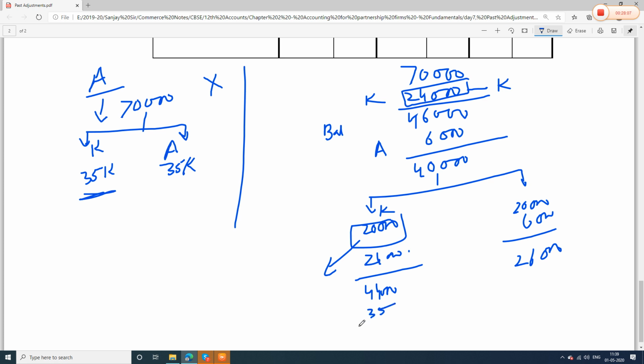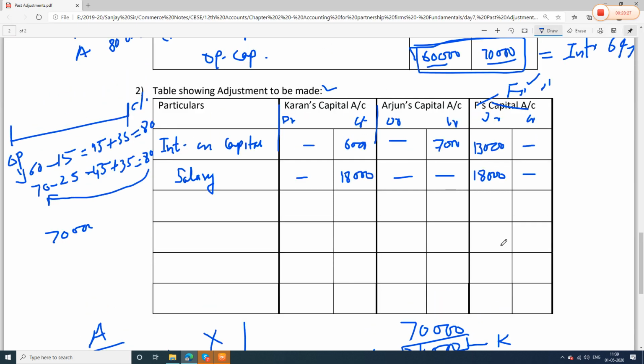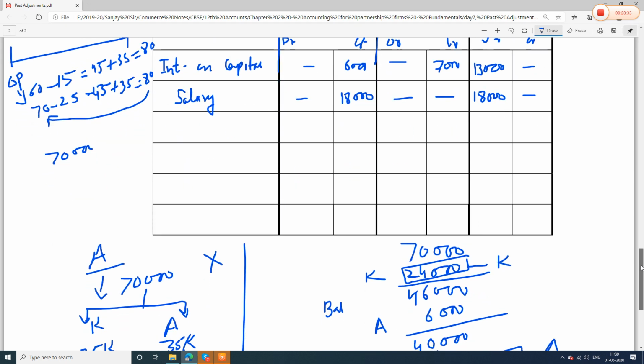Karan got 9,000 rupees less, and Arjun got a benefit of how much? 9,000, because he got 35,000. So 9,000 rupees benefit he got. Why did he get the benefit? Because they forgot to deduct interest on capital and salary of Karan, which is how much? 24,000 rupees.